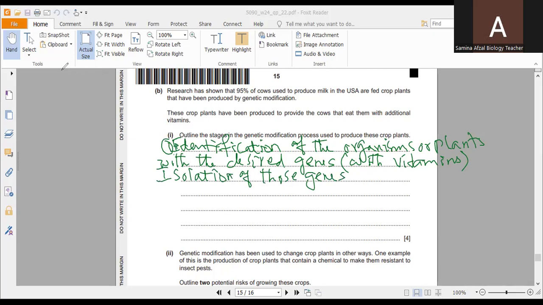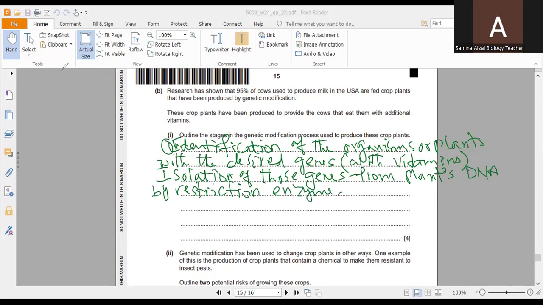It needs to be cut out or isolated from the organism's DNA. This is typically done using a specialized enzyme, which is called a restriction enzyme, from the plant's DNA by restriction enzyme.